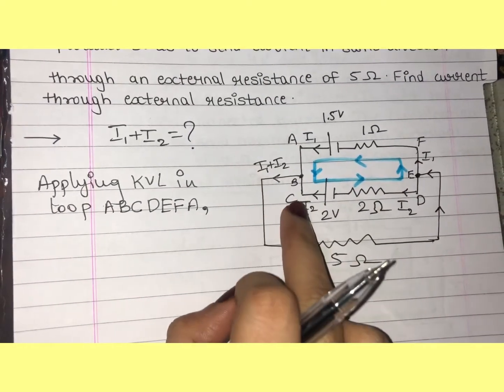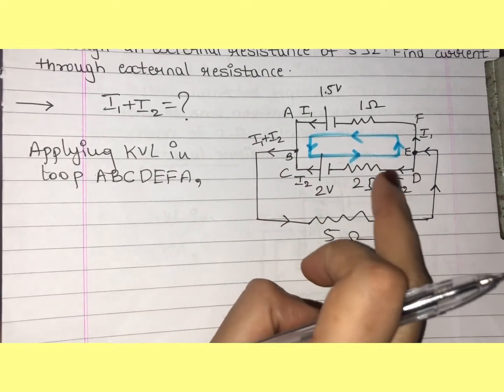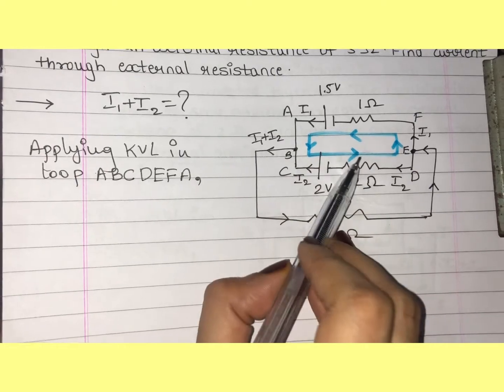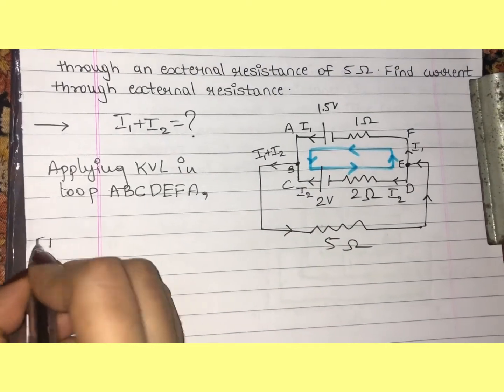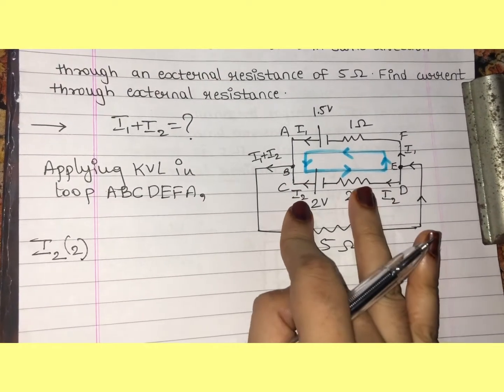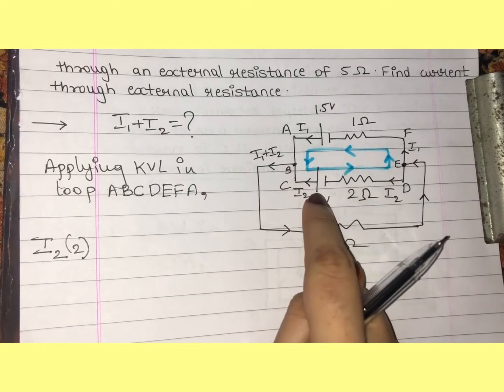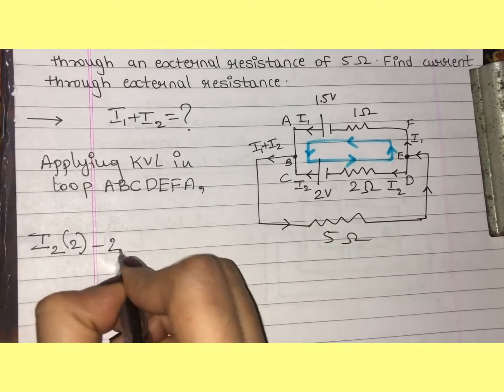While coming from A to C, there is no resistance. But while going from C to D, there is resistance and even the battery. Now your direction and the direction of the current is opposite. So here it will be positive potential difference, that is I2 into the resistance, and while going towards this side you cross the positive terminal of the battery and end at negative, so it will be -2.